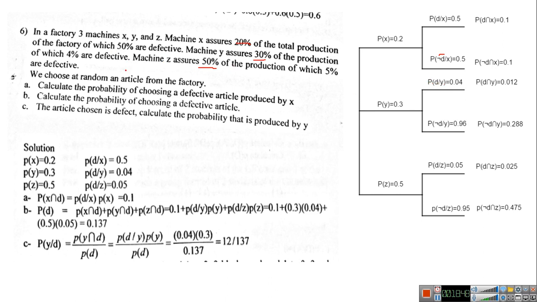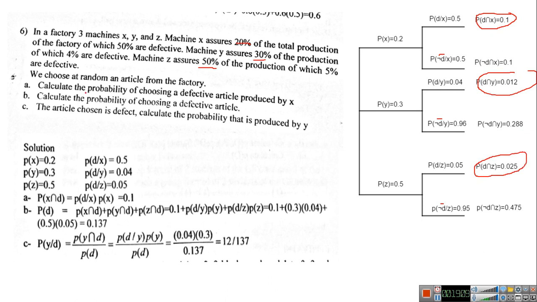D knowing Y, here you have 4%. The complement here, D bar knowing Y. The third machine, only 5% D bar. You do the product to get the intersection. If you want to deduce P of D, you make this one plus this one plus this one.